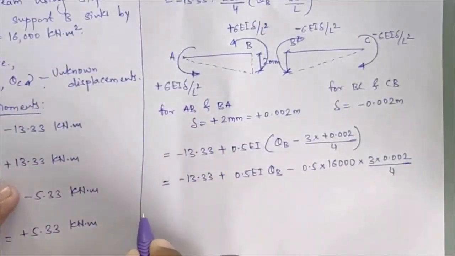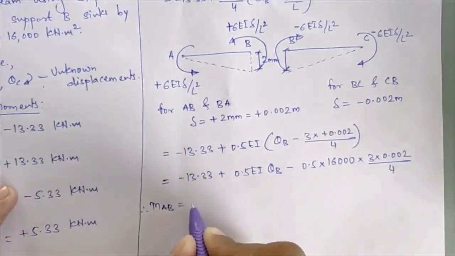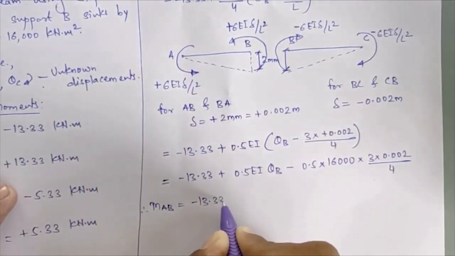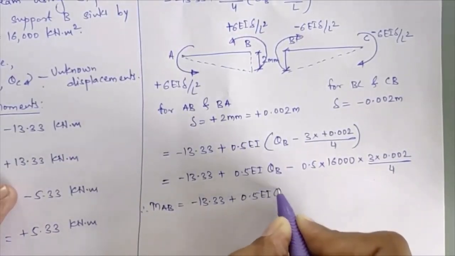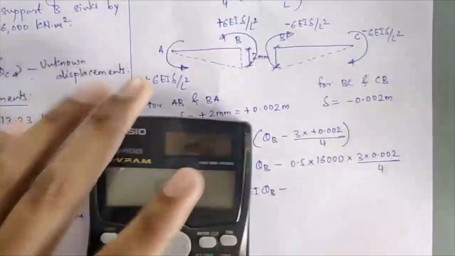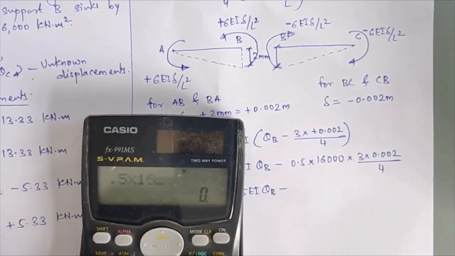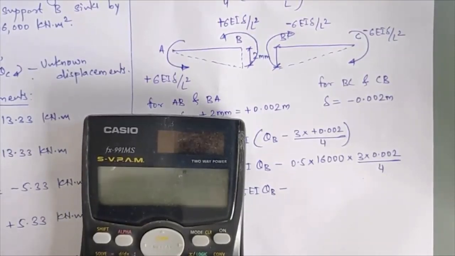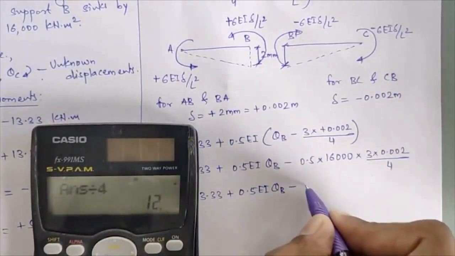So if you simplify this, I'll get the final equation for my first member, that is MAB equal to minus 13.33 plus 0.5 EI of theta B minus, we'll simplify this term, that is 0.5 into 16,000 into 3 into 0.002 divided by 4. So I'm getting that equal to 12.